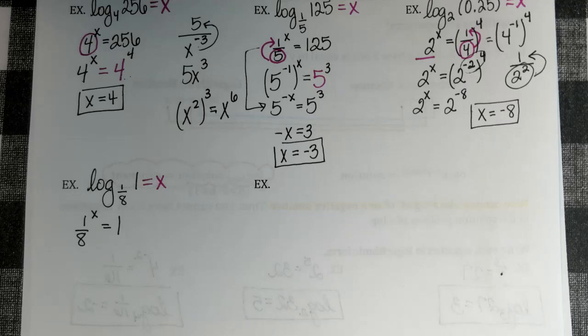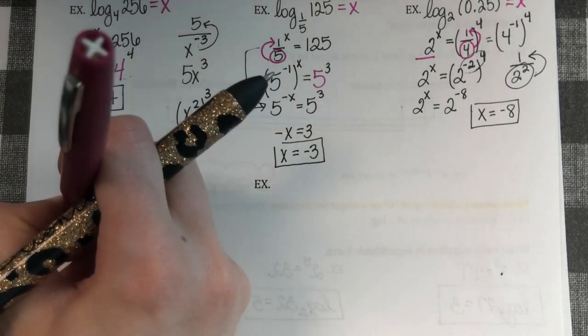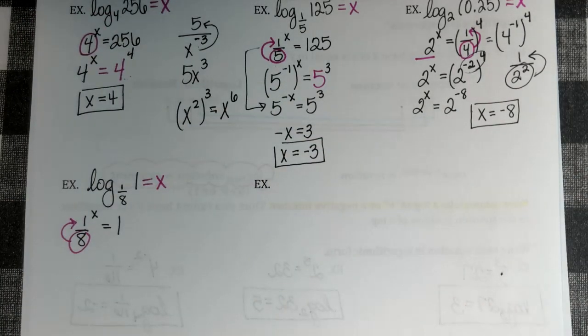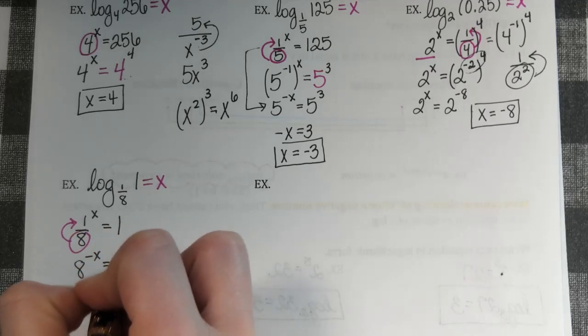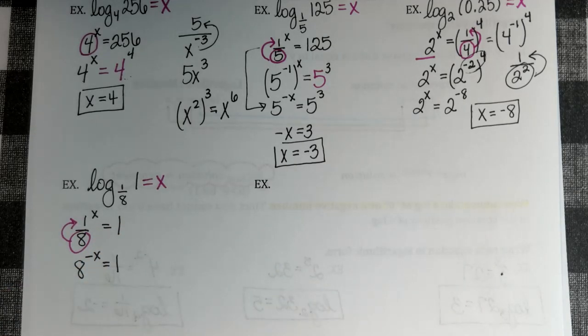Mm-hmm. So what we've been doing is you recognize it's a fraction. So your instinct should be to move that fraction up. Okay? So 8 to the negative x equals 1. Then if you're going with the same process, I keep saying you're going to take your larger number and make it a smaller base. So that means I would need to take my 8 and somehow become a 1. Is there any possibility of doing that?